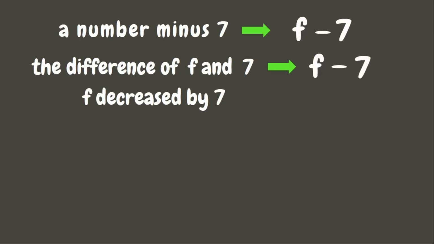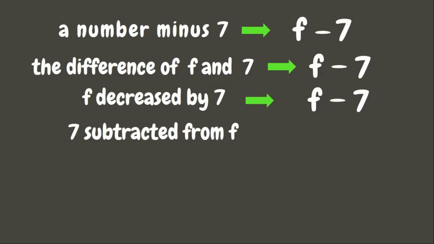We have F decreased by 7. So our variable here is F, and we need to decrease this one, which represents subtraction, by 7. Next example, we have 7 subtracted from F. So our variable here is the letter F, and we need to subtract 7 from it.